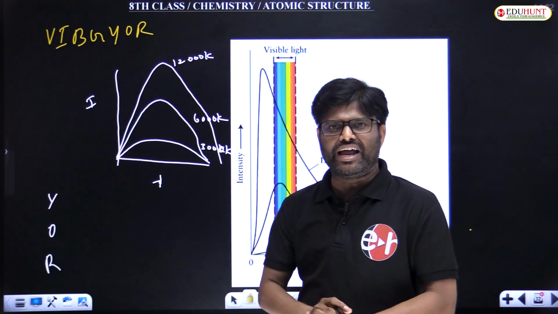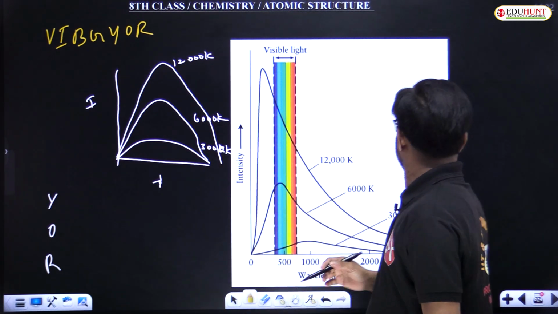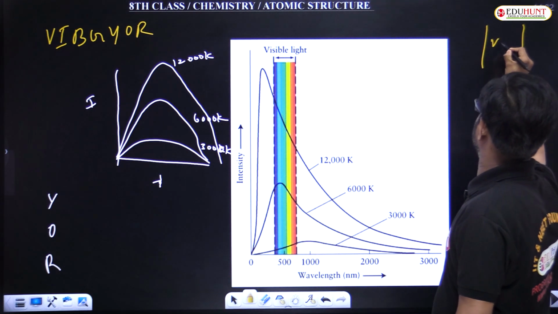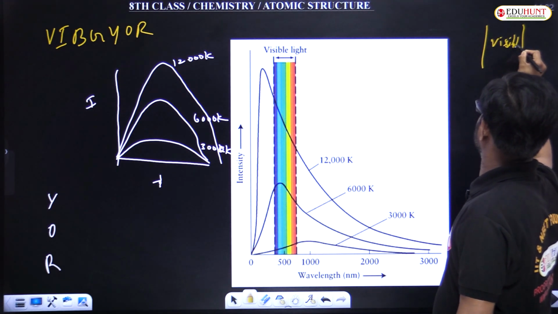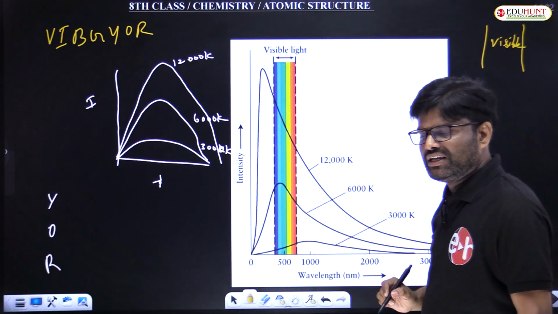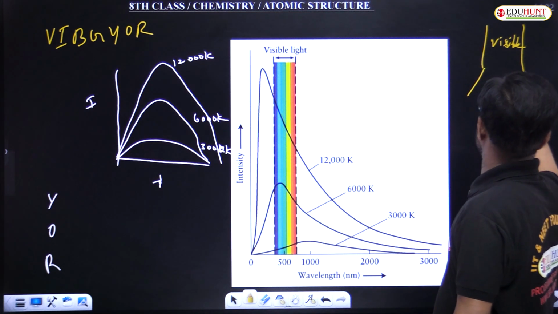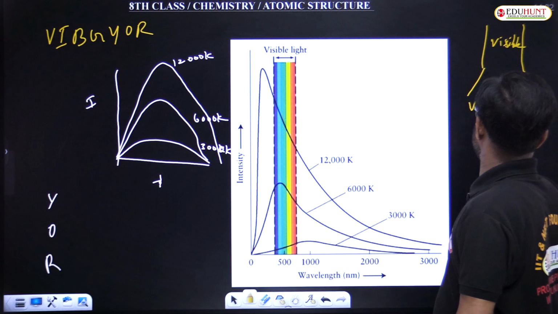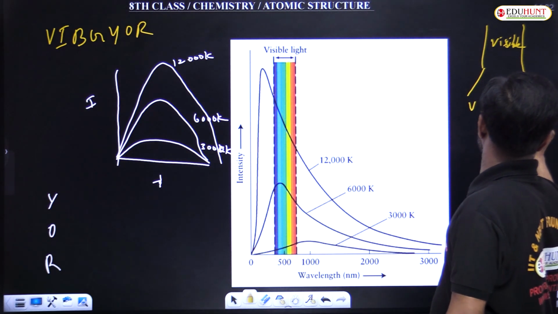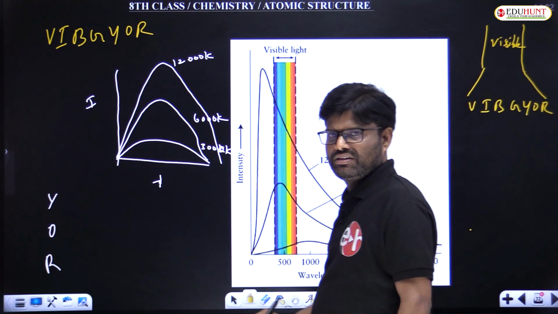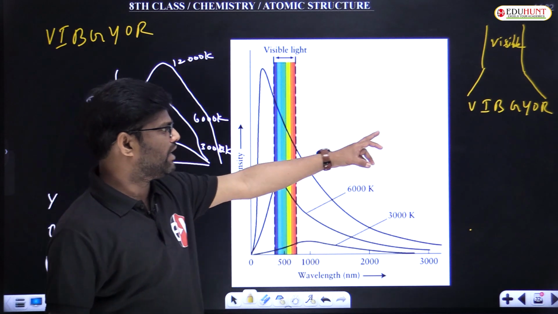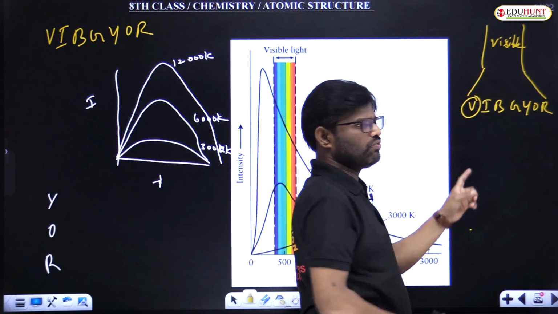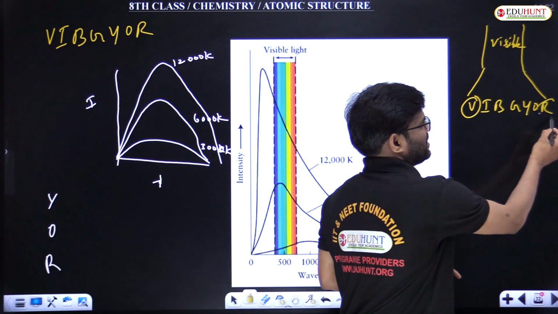VIBGYOR is nothing but light. Visible light in the electromagnetic radiation has VIBGYOR. On the left side this is violet color, on the right side this is red color.